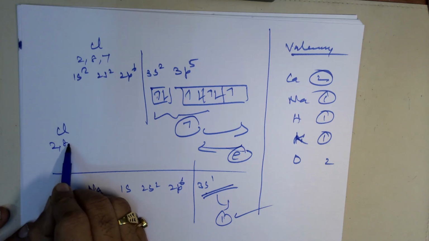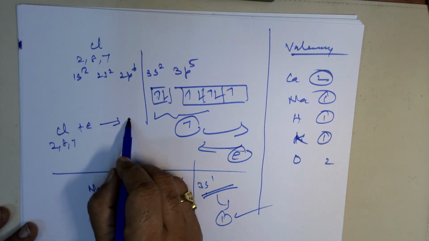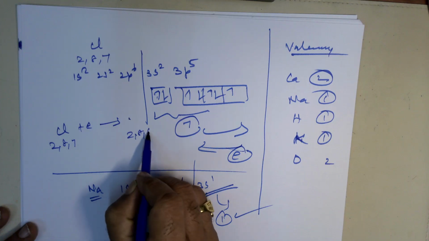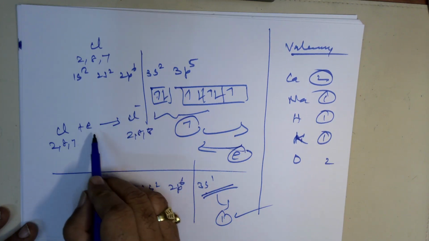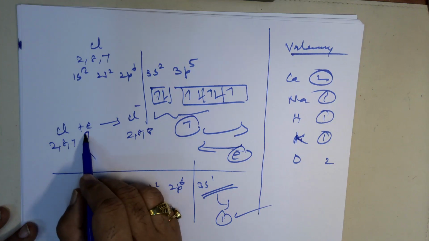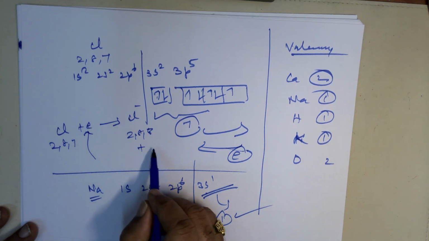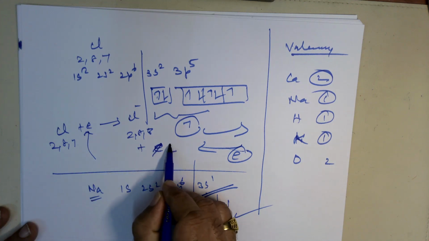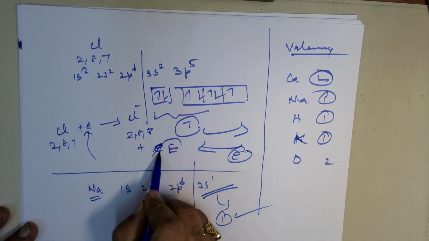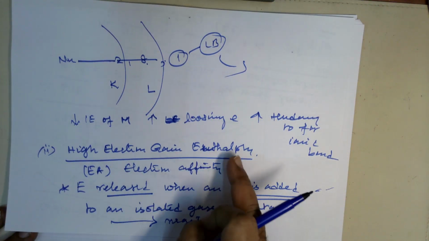So let me consider this chlorine. It has got 2,8,7. Now you are adding one electron, so it becomes 2,8,8. So it attains stability. But here, what has occurred? You have added one electron voluntarily, so the energy is released here. And this energy release is called electron gain enthalpy.